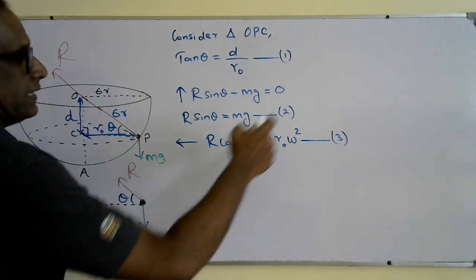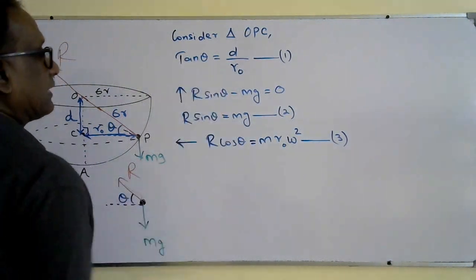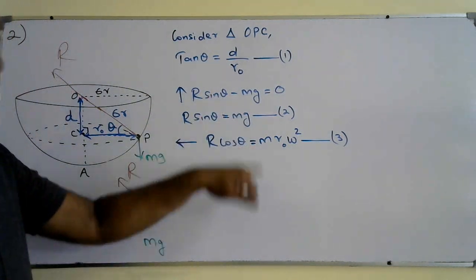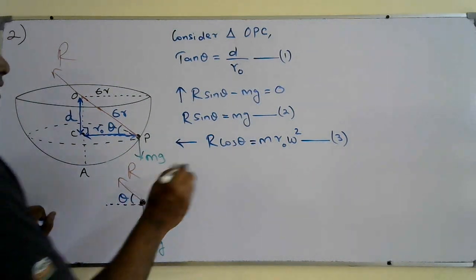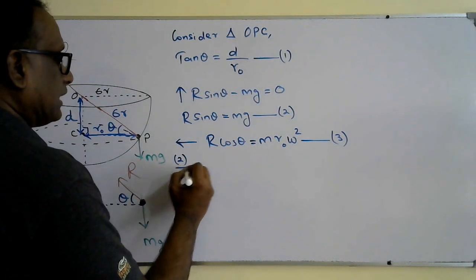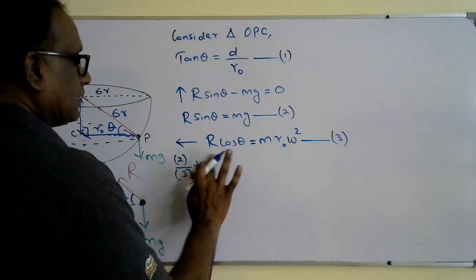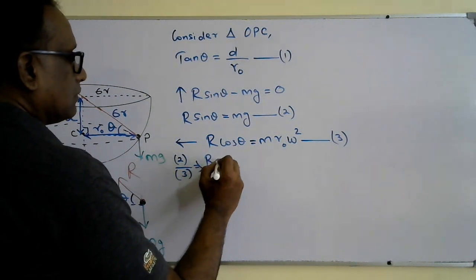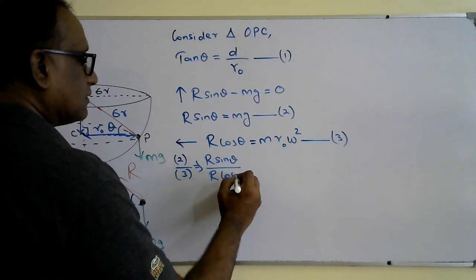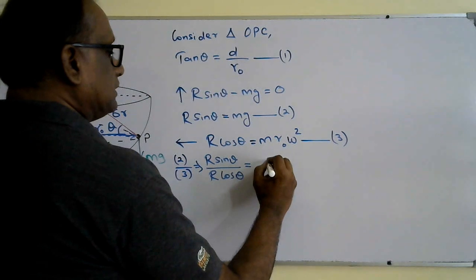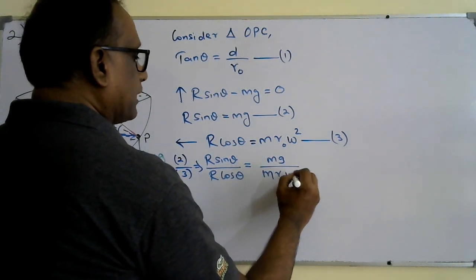Okay, we'll divide second by third because I can get the tan theta. Already I know some expression for the tan theta. That's the reason I got these two equations and I'm going to divide second by third. So if you divide second equation by third equation, r sine theta over r cos theta equals mg over m r naught omega squared.